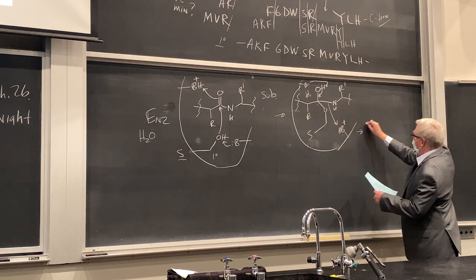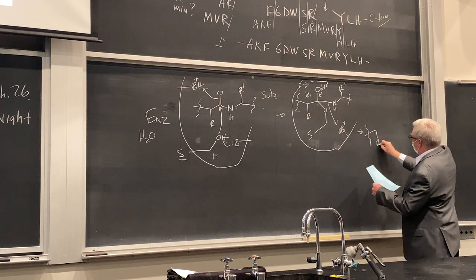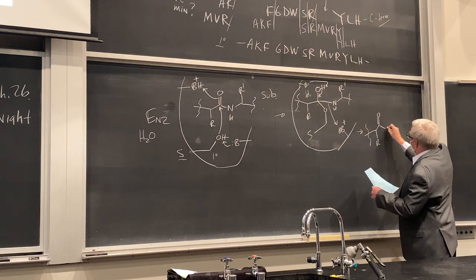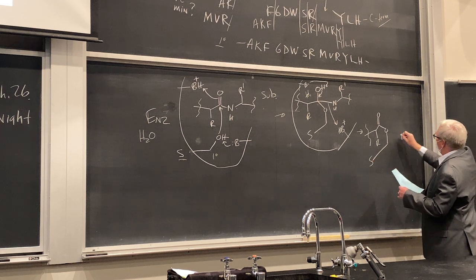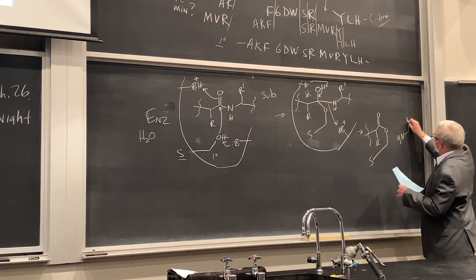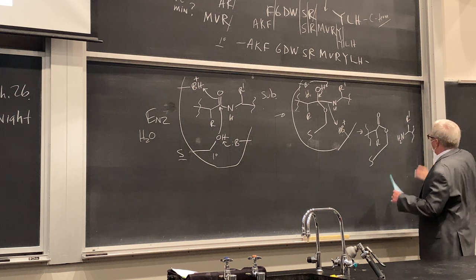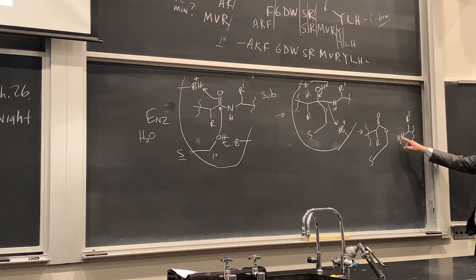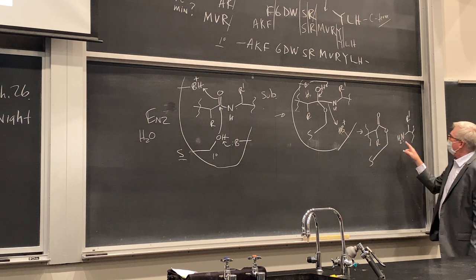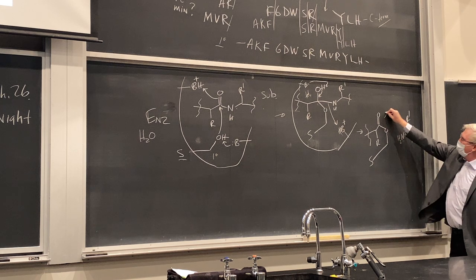And what do we get? Well, we get the serine still on there, and we get the free amine. So there's our cleavage of the amide bond. Look, we just grabbed the proton back off our proton source here, and temporarily we have an ester.